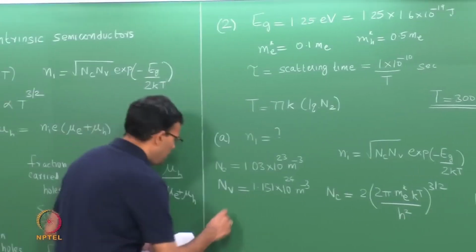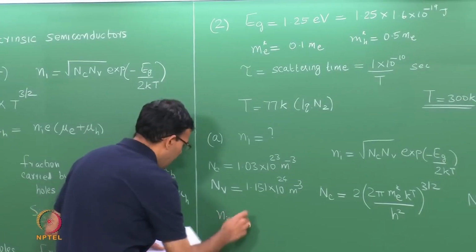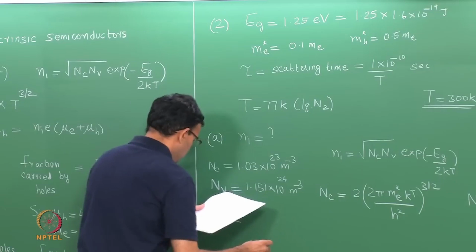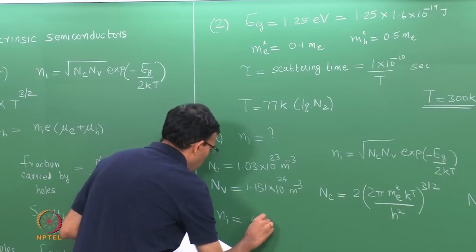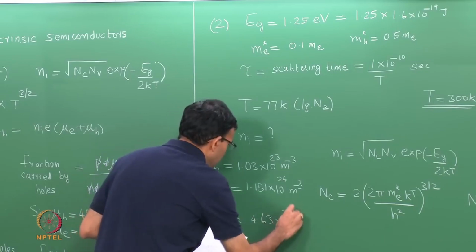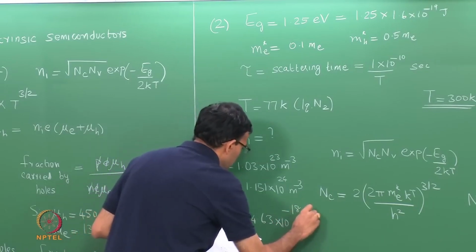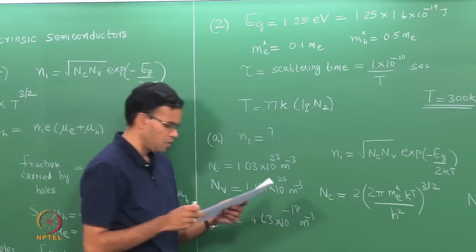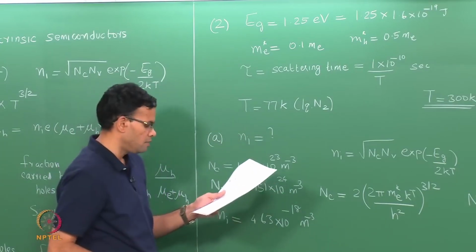Let me just write that down. Ni at 77 Kelvin is 4.63 times 10 to the minus 18 per meter cube. So, that is a really small number.